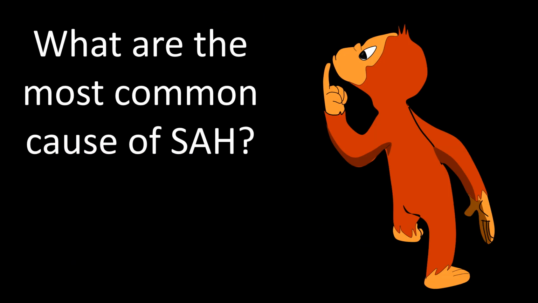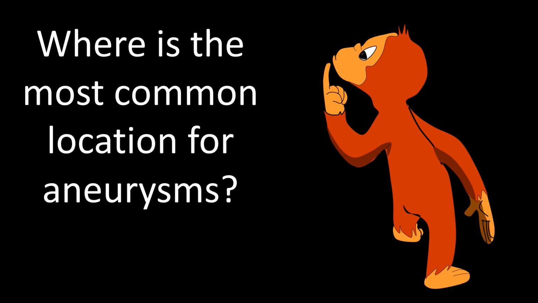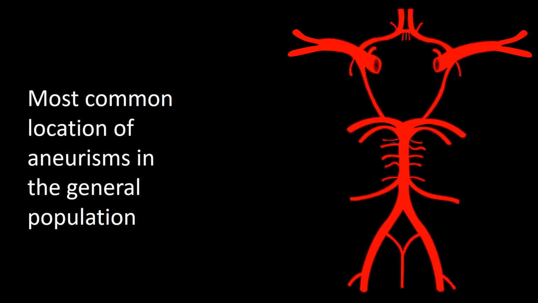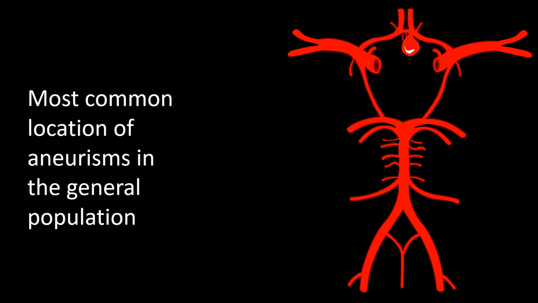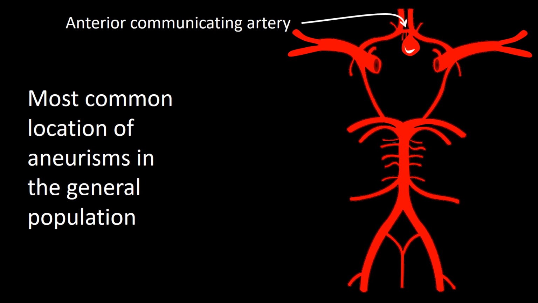Now, I like to consider causes of subarachnoid hemorrhage. By far, the most common cause is cerebral berry aneurysm, followed by arteriovenous malformation and trauma. The most common location for aneurysms in the general population is around the circle of Willis, specifically at the junction of the anterior communicating artery and the anterior cerebral artery.